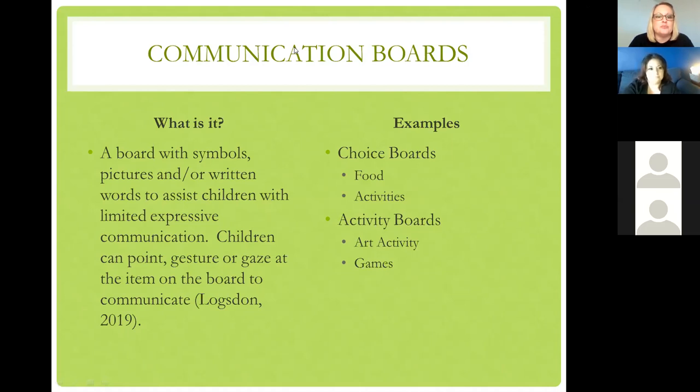And typically what you're doing, as you're teaching them this, if they touch, let's say, banana, then you would say, oh, you want a banana, banana. And if they are starting to imitate vocally, then you would have them give some sort of imitation to that. So it can start with that expressive communication, but even if they are not vocally communicating, this gives them the ability to still communicate with you.